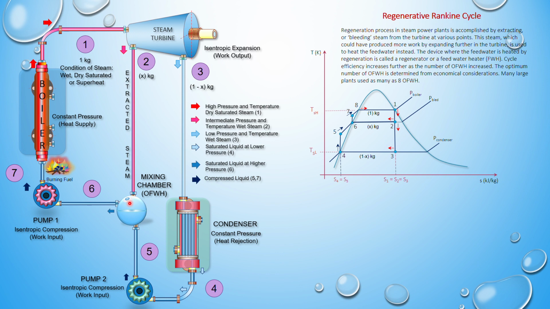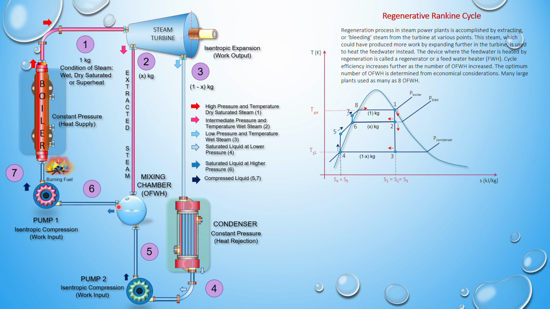So you have a turbine, and in between 1 and 3, a certain amount of steam is extracted, which we call bleed steam. It mixes here in the mixing chamber, and we call it an open feed water heater. It mixes with the compressed liquid leaving the feed pump, the liquid from the condenser itself.